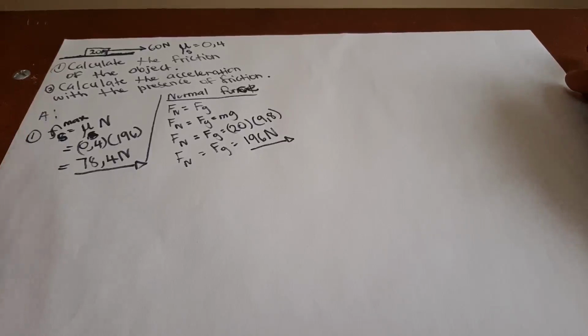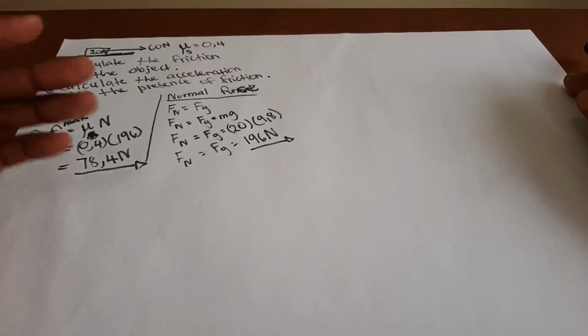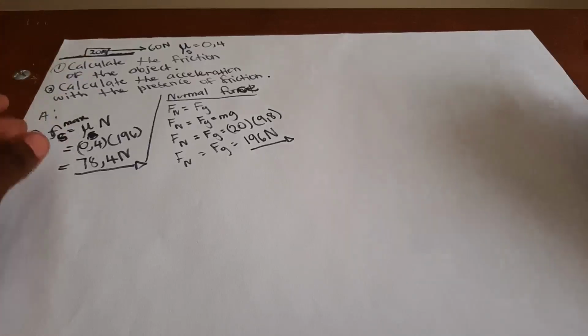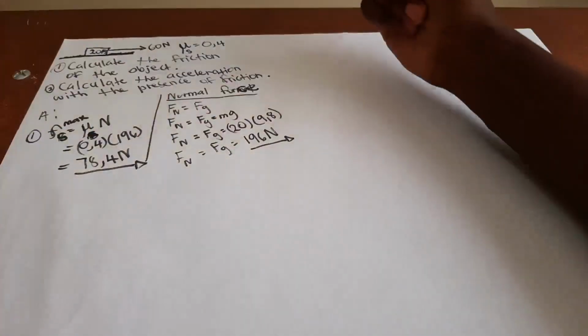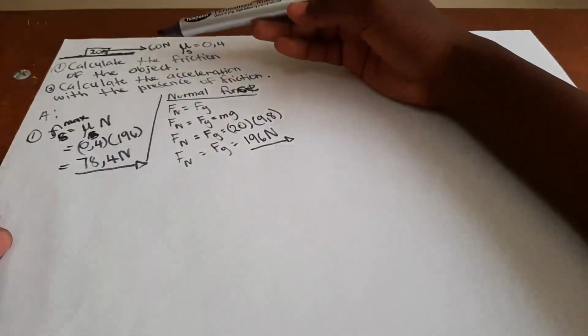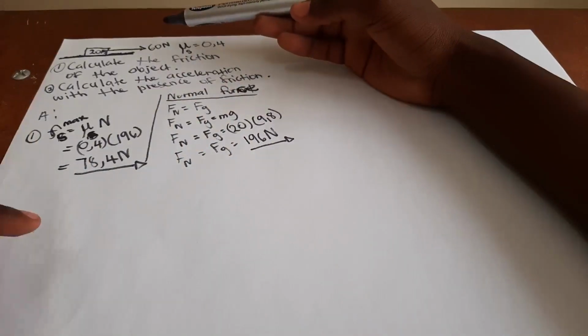So now I was going to say, let's calculate the acceleration with the presence of the friction. But let's say our block is 10 kg, and our applied force is 60 newtons again. It's obvious that our solution is going to be negative.